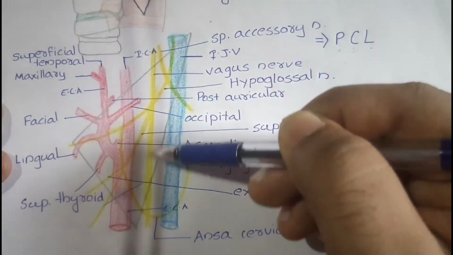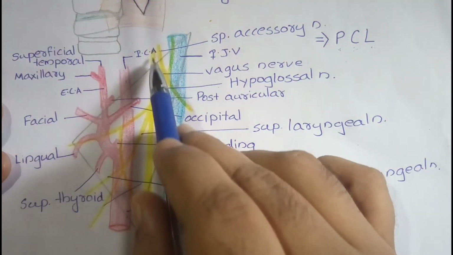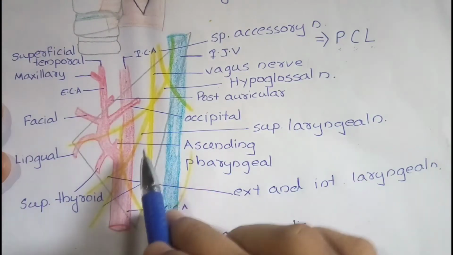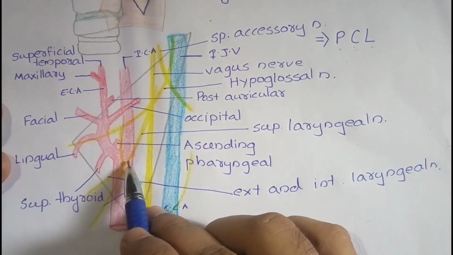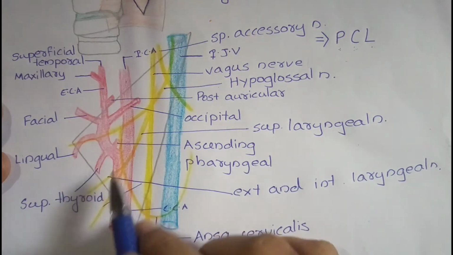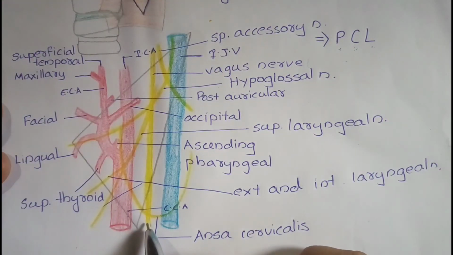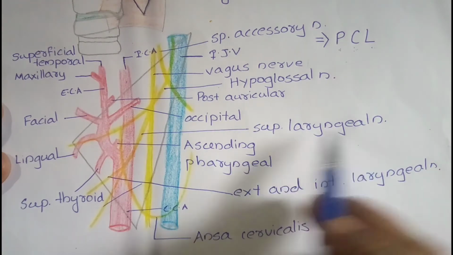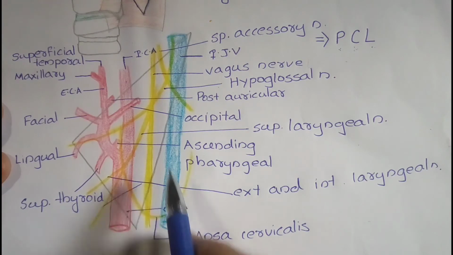And it gives a branch, the superior laryngeal nerve, and this superior laryngeal nerve itself divides into the external and internal laryngeal nerve. So the vagus nerve runs vertically downward, and gives a branch named the superior laryngeal nerve, which itself divides into external and internal laryngeal nerve.